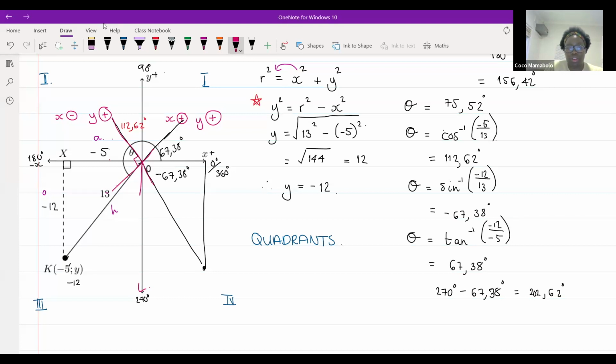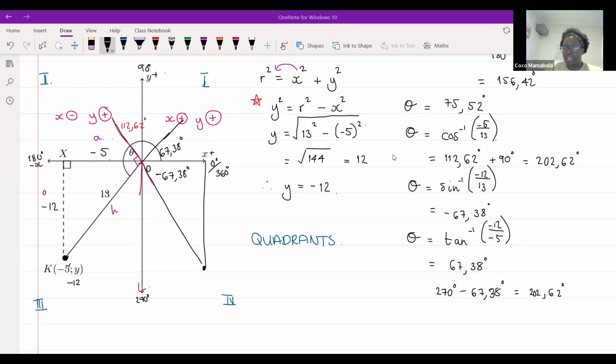So if I have 112, I need to add 90 degrees, which is going to take us to the exact same place as everyone else. If we take 112 plus 90 degrees, it's also going to give us 202.62 degrees.